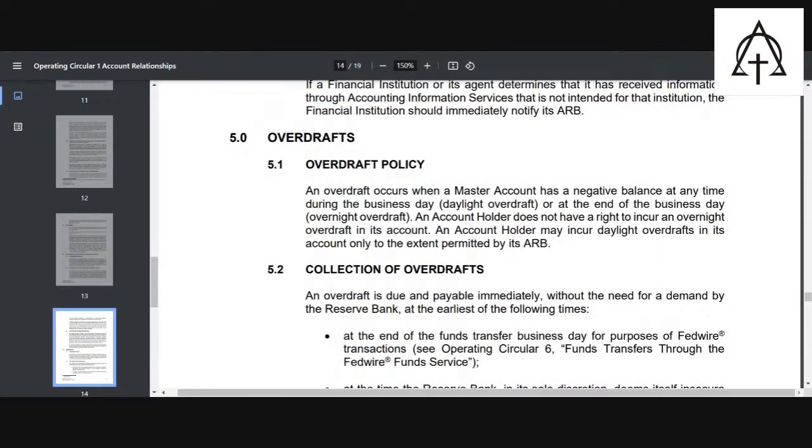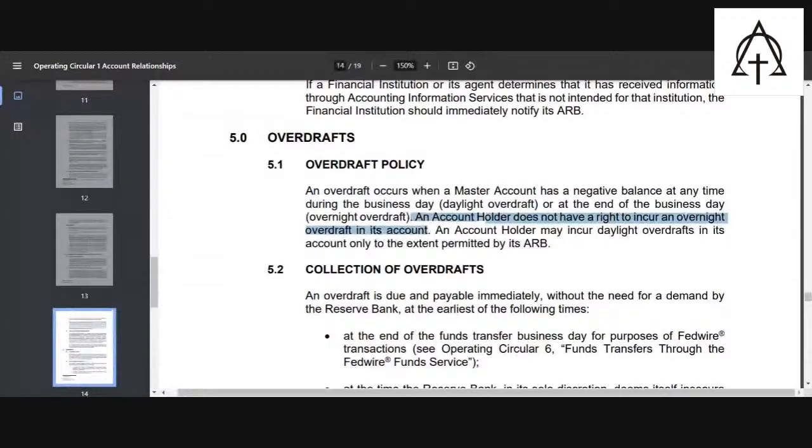Overdrafts. Overdraft policy. An overdraft occurs when a master account has a negative balance at any time during a business day, daylight overdraft, or at the end of a business day, overnight overdraft. An account holder does not have a right to incur an overnight overdraft in its account.